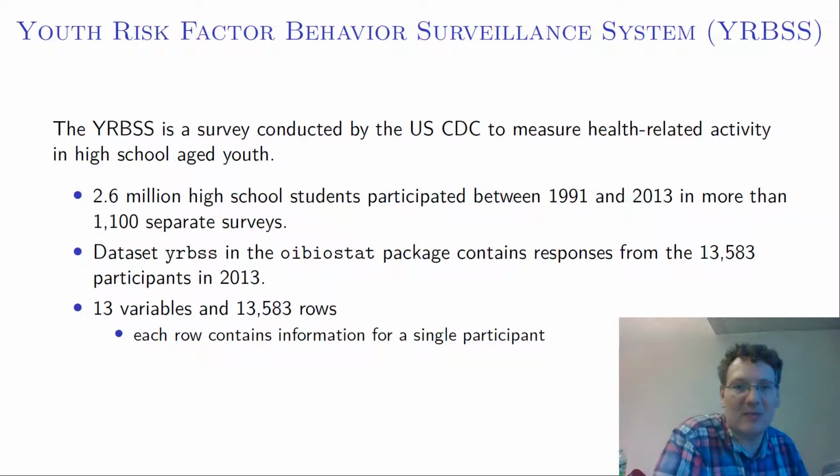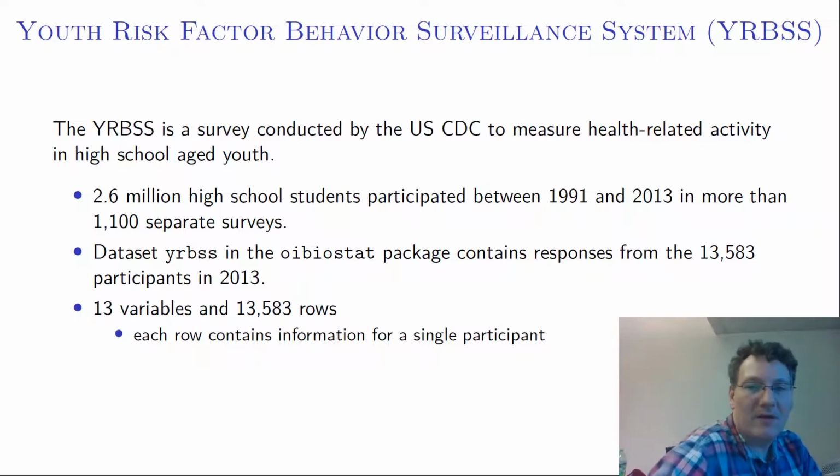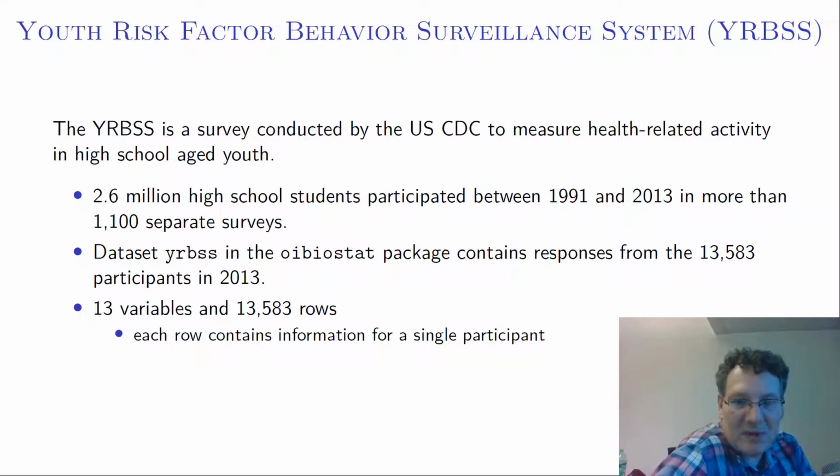So let's take this example of the Youth Risk Behavior Surveillance System, YRBSS. It's a survey conducted by the US CDC to measure health-related activity in high school-aged youth. 2.6 million high school students participated in the years 1991 to 2013. In 2013, we have the data.